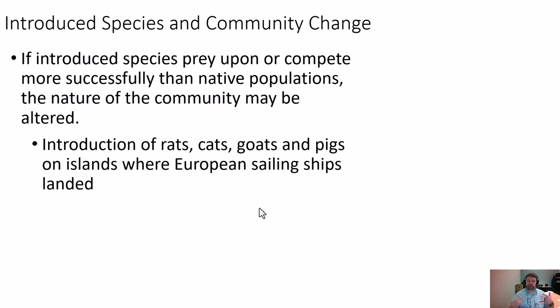So from an evolutionary perspective, organisms that evolve with things that consume them will often have some kind of defense, or they go along with the consumption in order for reproduction to happen. But when you introduce species to a region where no species is adapted to them, then you can have detrimental effects.